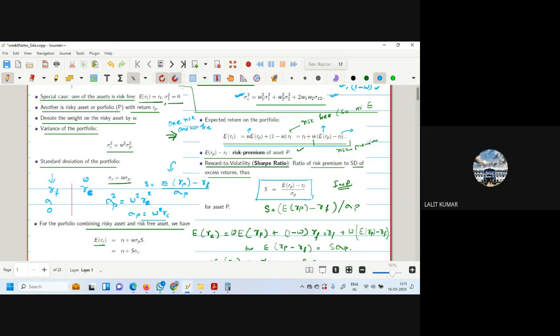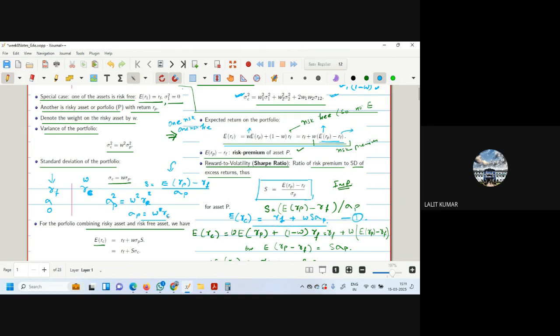Now ERP minus RF can be replaced by S into sigma P. So your expected return of C will become RF plus W into S into sigma P. So this is another equation.